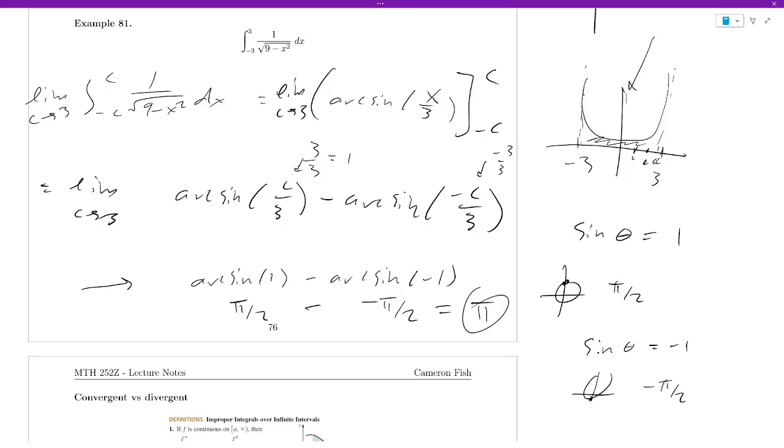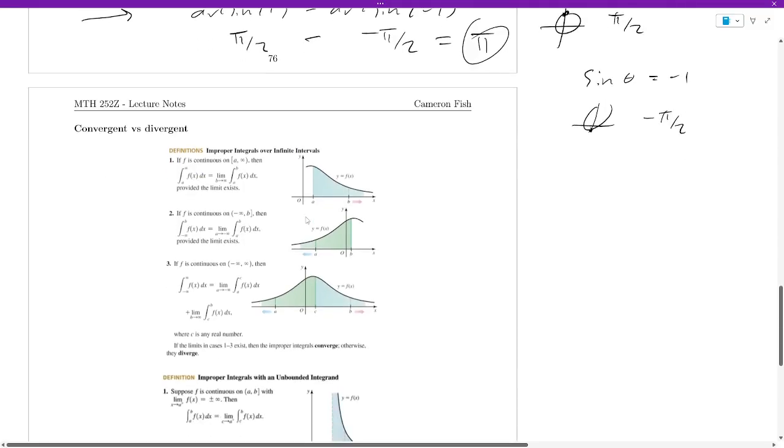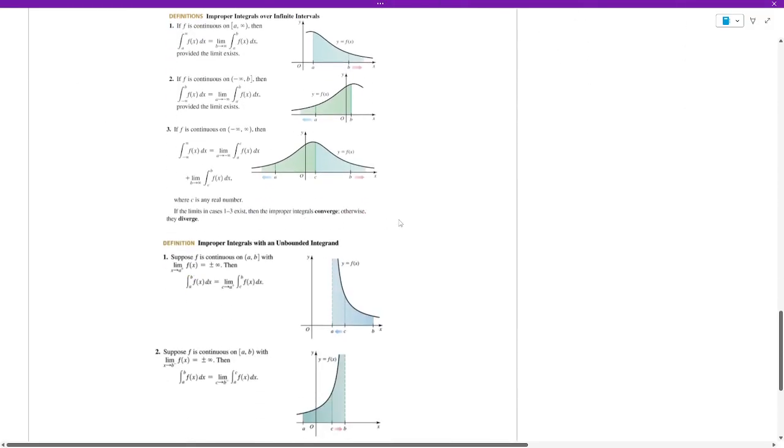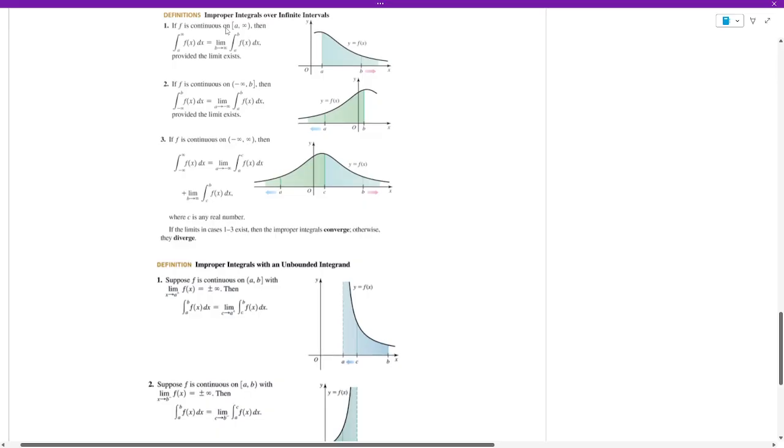Okay, I just want to close out this section with a little bit of vocab. This is not a huge deal, but just to have it all on one page. So this word improper integral just means any integral that has infinities involved that needs a limit to evaluate. There's a couple flavors. If you're going from a to infinity, you want to do the limit as b goes to infinity of the integral from a to b. I was using c, but remember the letters don't really matter.